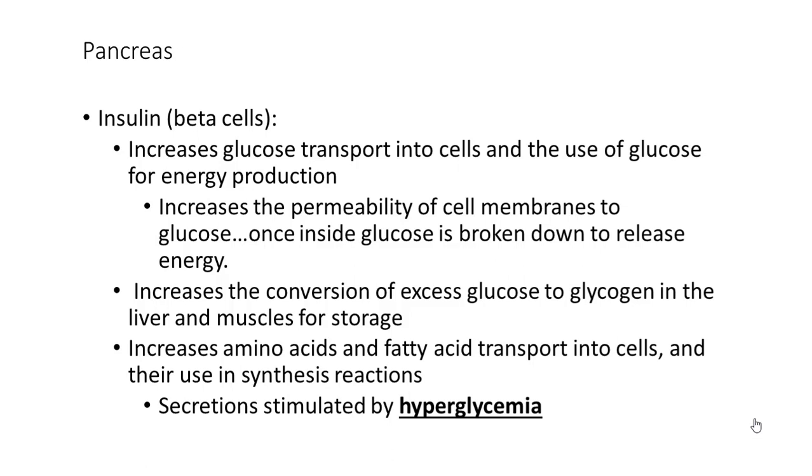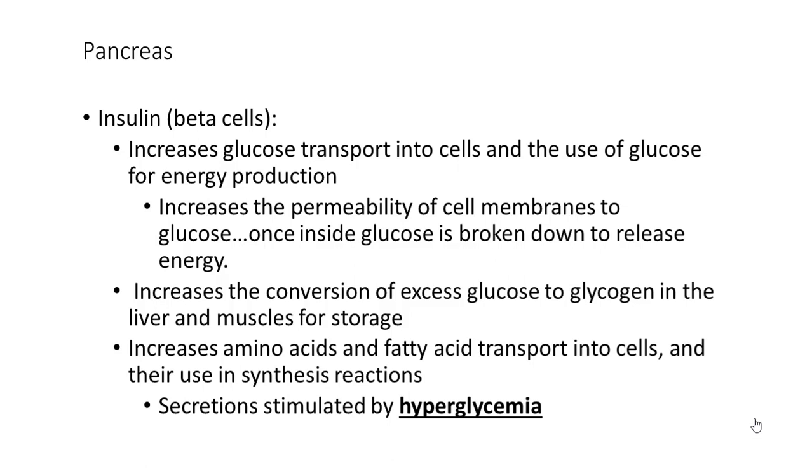Insulin, whether it's made by the body or the actual injection, causes cell membranes to be more permeable to glucose. So once the glucose gets inside that cell, it's actually able to get broken down to release the energy that the body needs for functioning, basically.